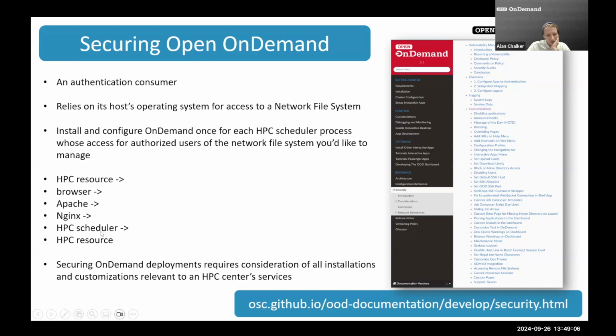And I know the architecture is kind of complicated, so I wanted to put some arrows to make things make sense. If you have some HPC resource and you want to get it to someone's browser, OnDemand can help do that. And it does it through an Apache front end. So first, the user connects to Apache, and then each user has their own Nginx process that communicates with the scheduler.